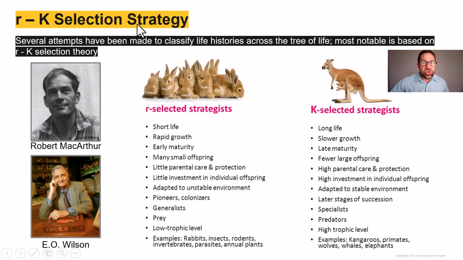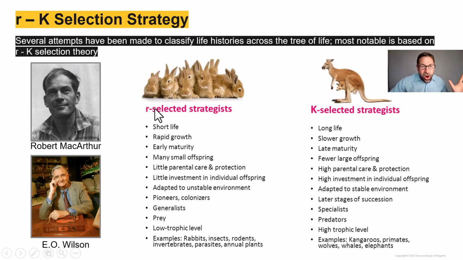The r-K selection strategy was coined by the famous ecologists Robert MacArthur and E.O. Wilson in their foundational publication in 1967, where they lay out their island biogeography framework.